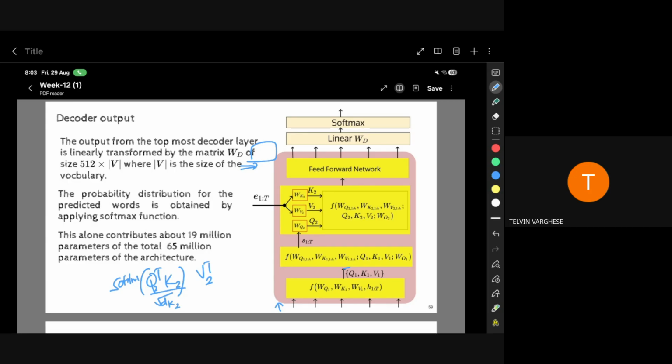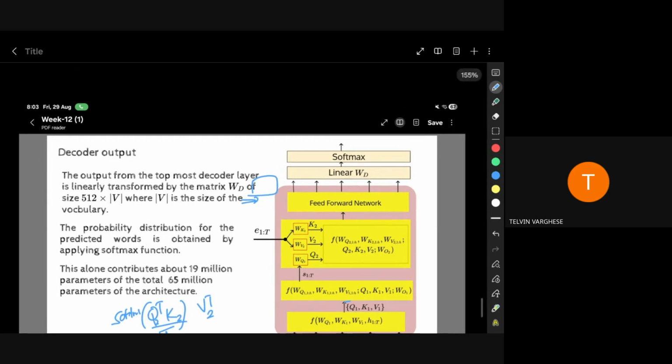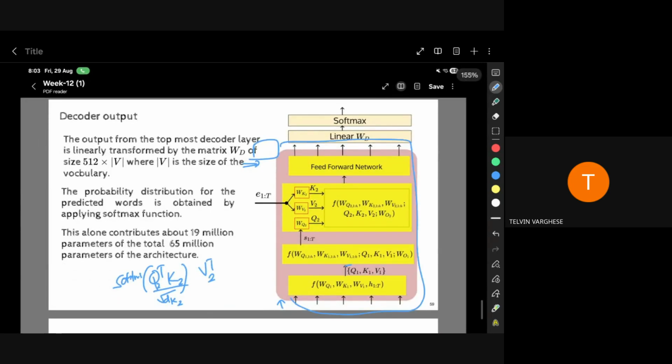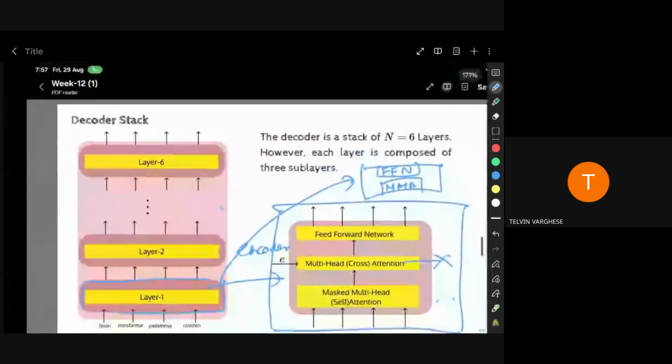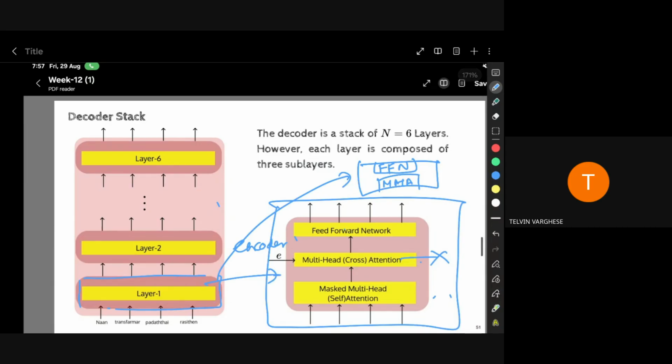So this whole thing which we did just now, you're going to follow again and again for some number of layers. In the decoder stack, they follow this process 6 times, so I'm going to follow the same procedure 6 times.